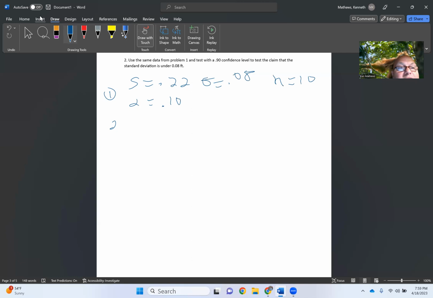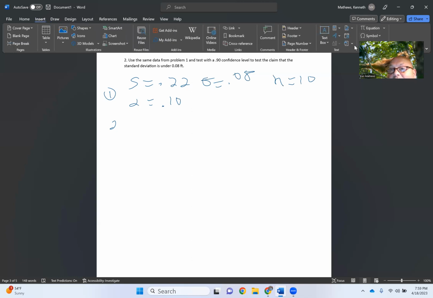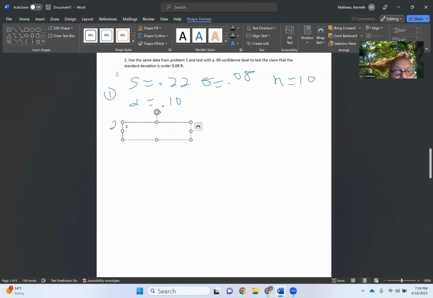So for 2, I like doing it with the text boxes. It's a little easier for me. So step 2. The null hypothesis is that the standard deviation is equal to 0.08 feet.